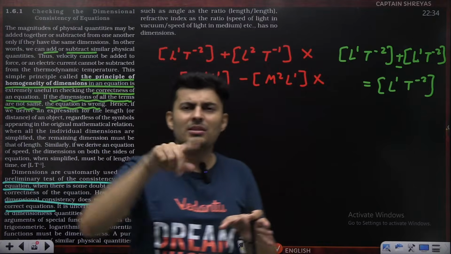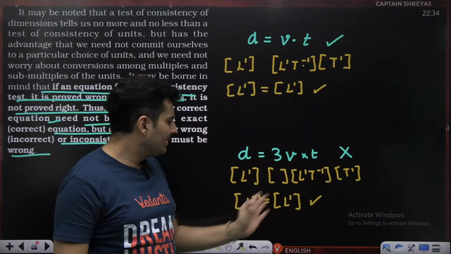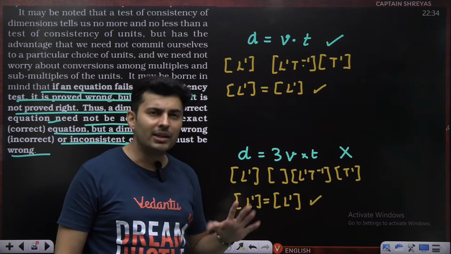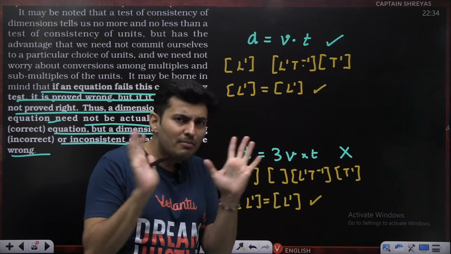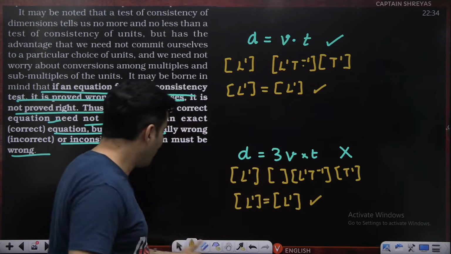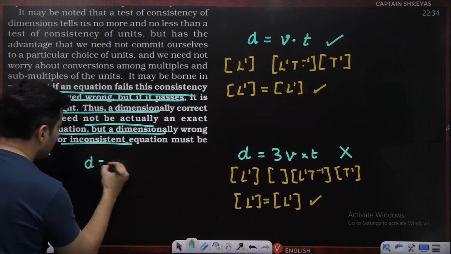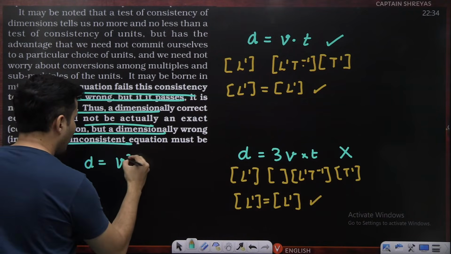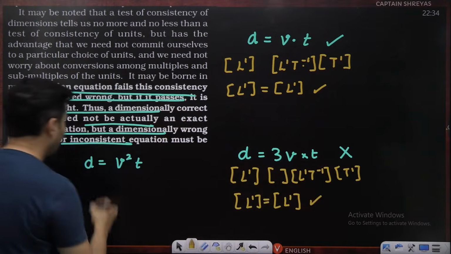You are seeing some options in the examination. One option says distance is 3VT. You might say maybe it is correct. I'm not saying it is entirely correct. But imagine there is an option which goes like this: distance is V square T. What would be the dimensional formula on both sides?